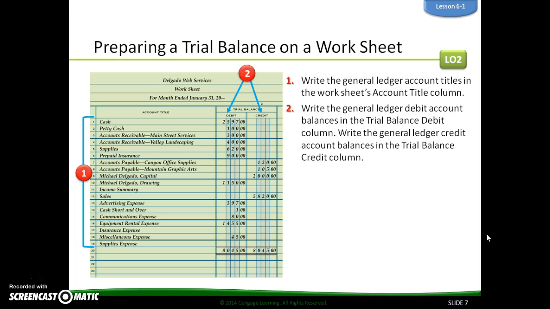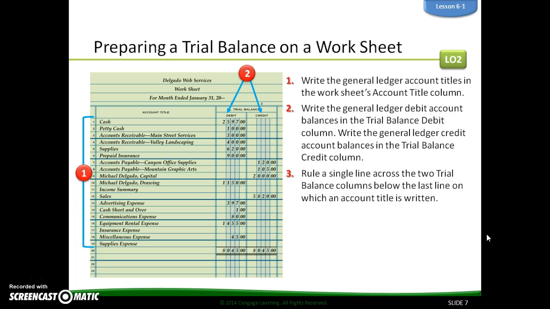Then we write in all of the debit balances and all of the credit balances. It says write the general ledger debit account balances in the trial balance debit column and the credit account balances in the trial balance credit column. So you're just going to want to reference in your mind that these are trial balance amounts.